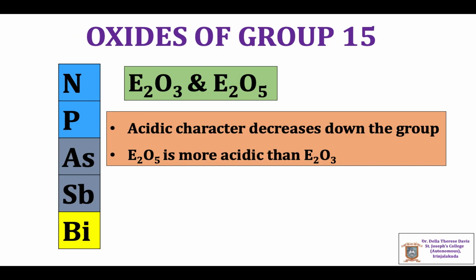The group 15 elements form oxides of the general formula E2O3 and E2O5. The acidic character of these oxides decreases down the group.